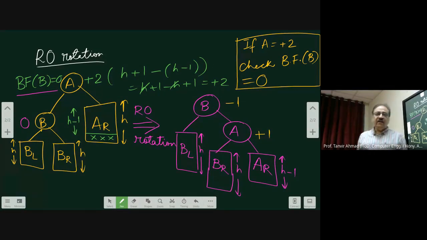Similarly, every rotation will be similar: R1 means deleting in the right branch when the balance factor of B is plus 1. What is R minus 1? When we are deleting in the right and the balance factor of B is minus 1. Therefore, these three cases make R0, R1 and R minus 1. Similarly, the other three cases make L0, L1 and L minus 1. And these are the 6 cases.